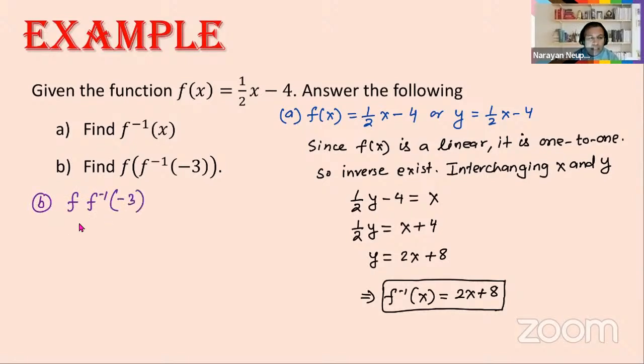You can clearly see that this is the composition of a function with its inverse. And we know that the composition of a function with its inverse is an identity function.